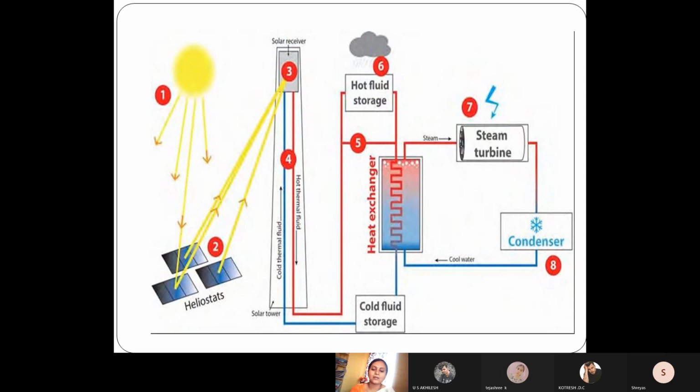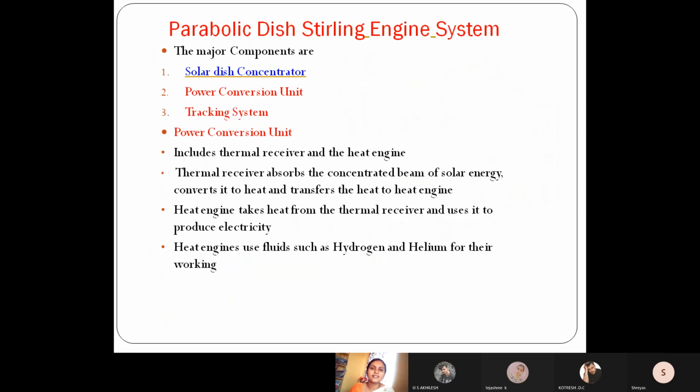Next is the parabolic dish Stirling engine system. In this there are three major components: one is the solar dish concentrator, second is the power conversion unit, and third is the tracking unit. First, the solar dish concentrator.